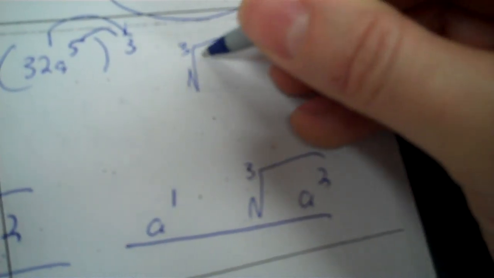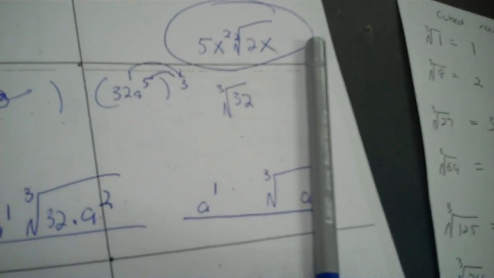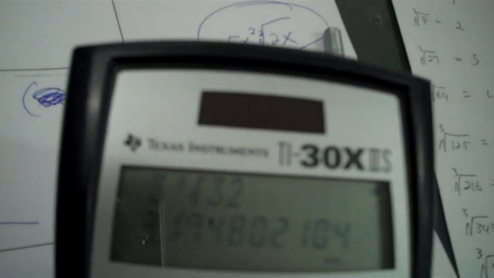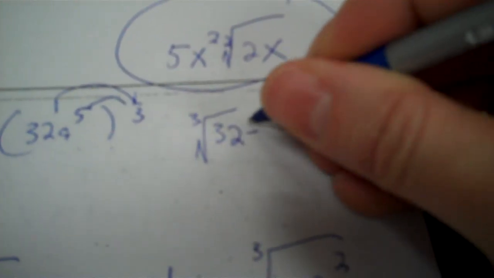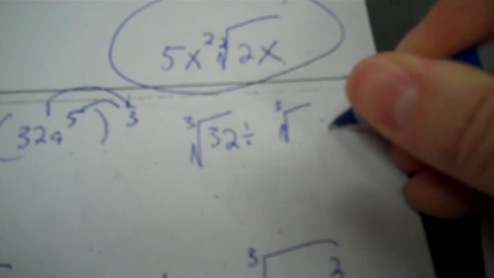Okay, so the cubed root of 32. First we'll see if it simplifies. You can always tell if you're going to get a decimal on it, because if 32 is not on this list, it won't work. But 3 second caret 32, got an irrational. So we've got to divide into it, and you've got to look at the right list. So 32 divided by 27 is a decimal. 32 divided by 8 is 4.